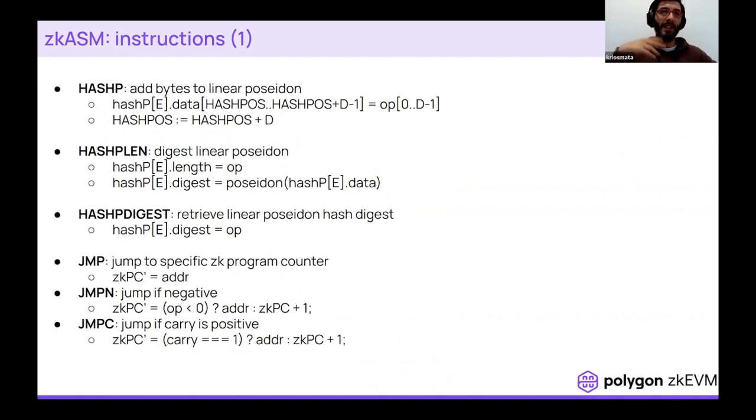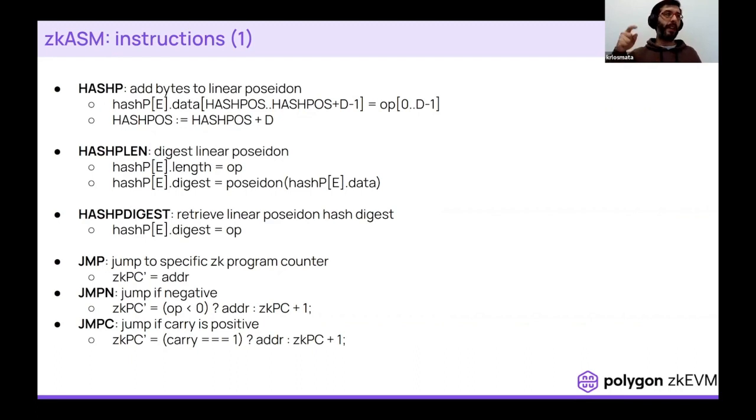If it's negative, it jumps, otherwise it just increments by 1 the zkEVM counter. And also we have another one, which is the jump carry. Depending on the carry, we are jumping or not to the next zkEVM counter.